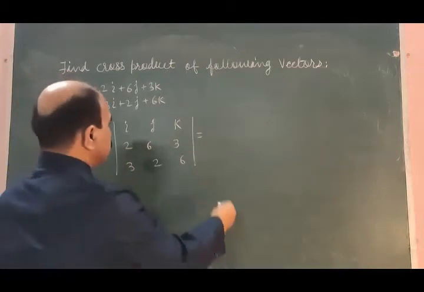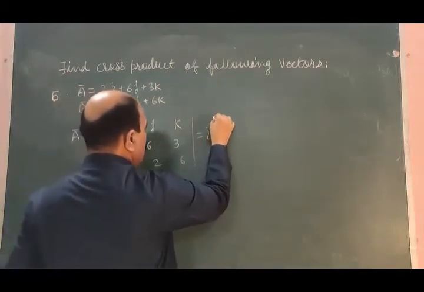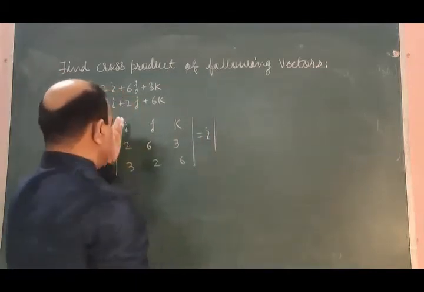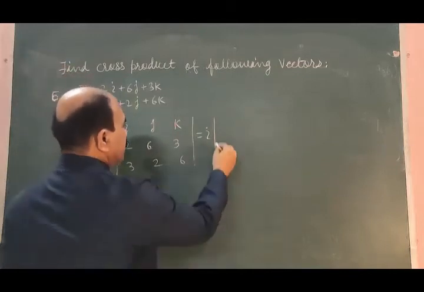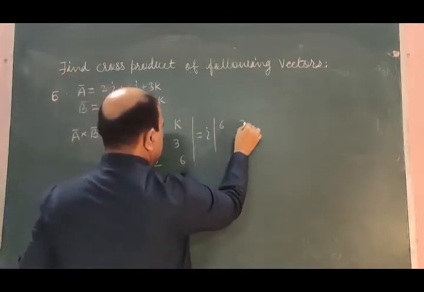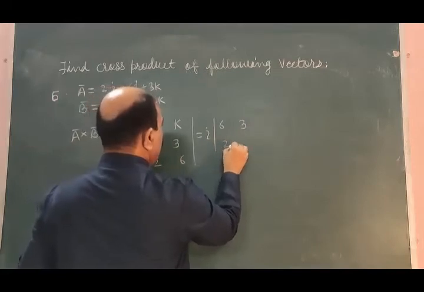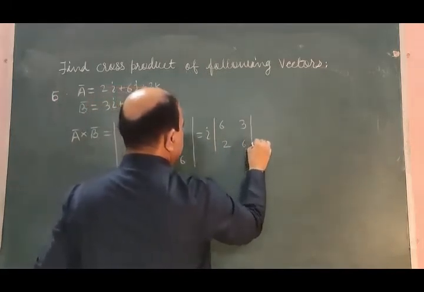The same method: i into this skipped, what is left? 6, 3, 2, 6.